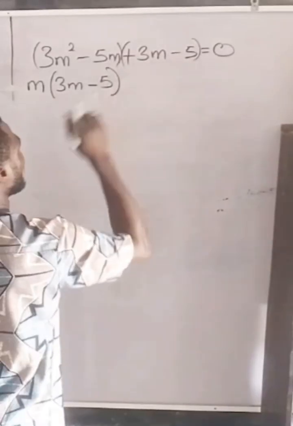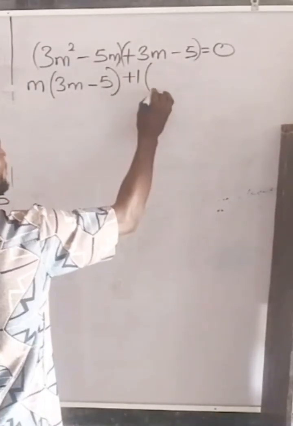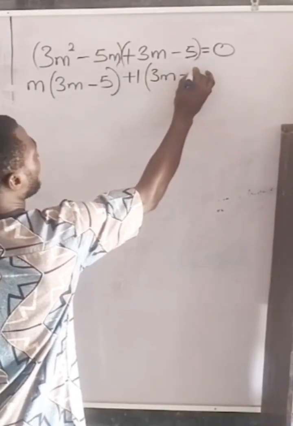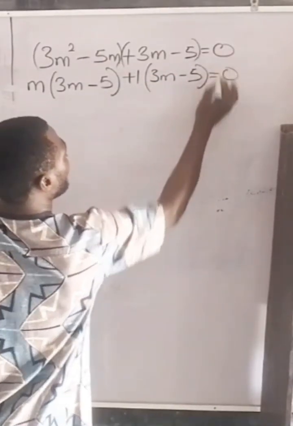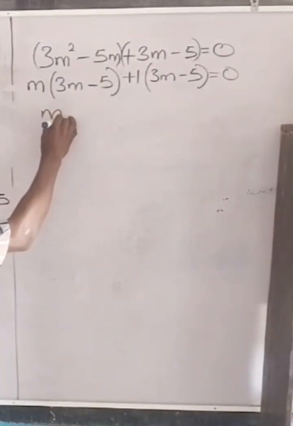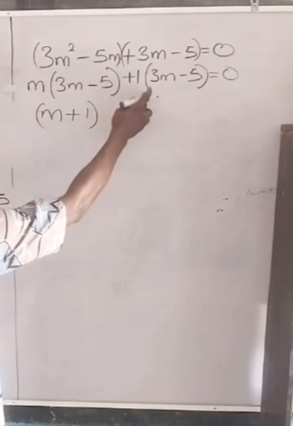Now what is common in the other group? Only 1 is common, that's plus 1 in brackets. You also have 3m - 5 = 0. Then we'll have m + 1, the two values outside your bracket.